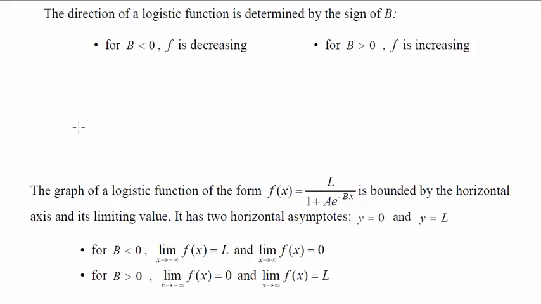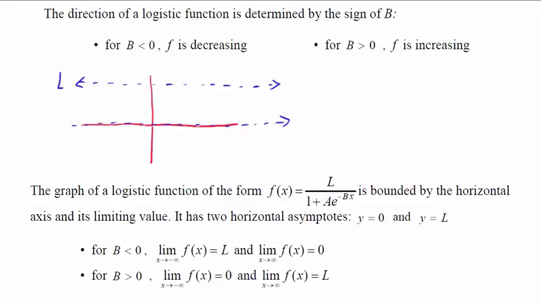The first case we have here is when B, the coefficient in the exponent, is negative. I'm always going to have one horizontal asymptote at 0, and then a second asymptote up here at this number L, whether B is negative or positive.